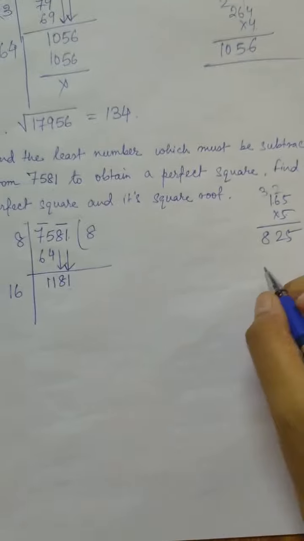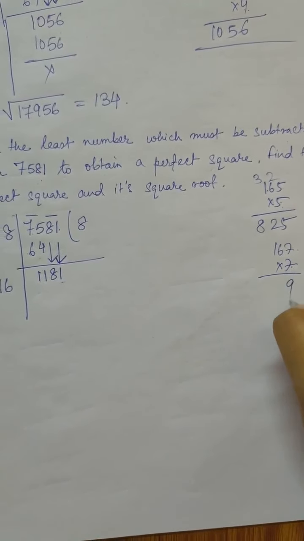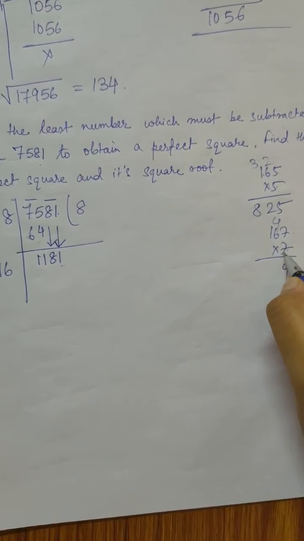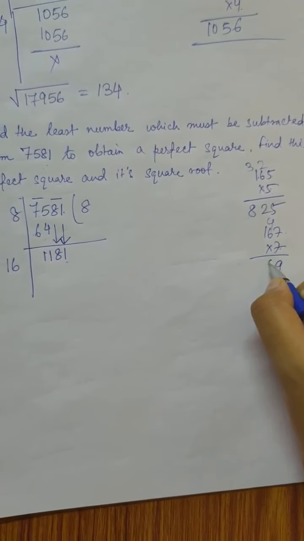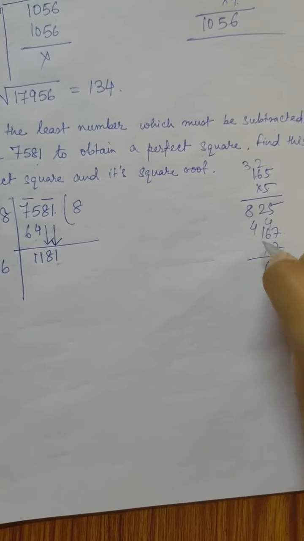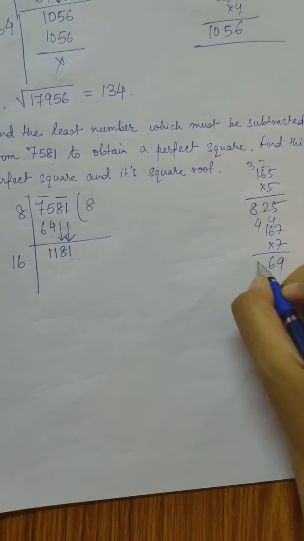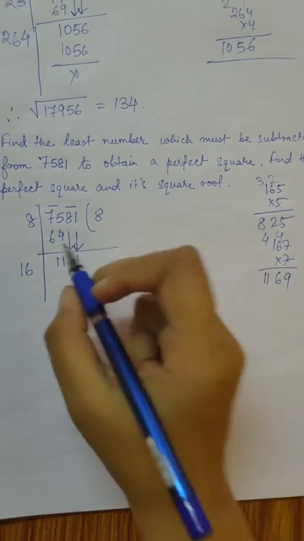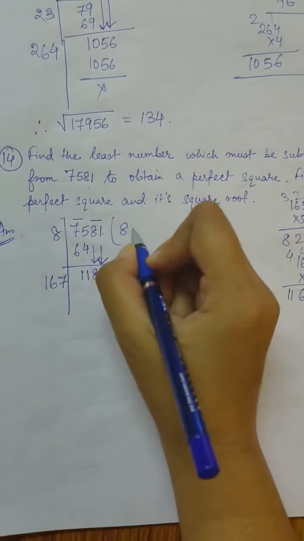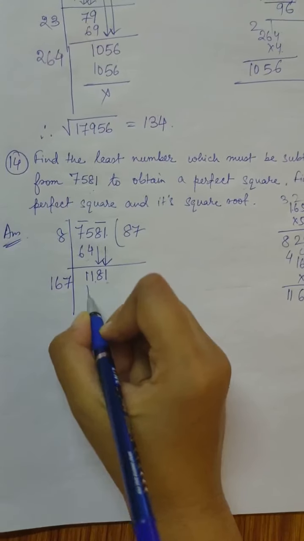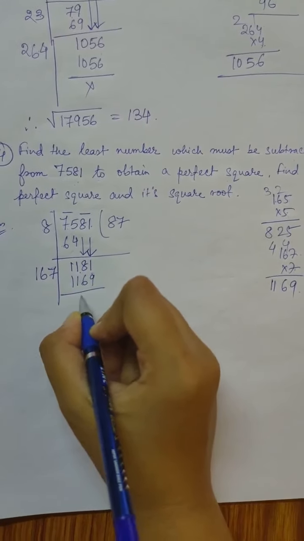So let us try this number with 7 now. 7 into 7 49, carry 4, 7 6 42, 42 plus 4 is 46, then carry 4, 7 into 1 7, 7 plus 4 11. So 1169 is very near to 1181, so I will be taking 167 into 7, that is 1169, and the remainder is 12.